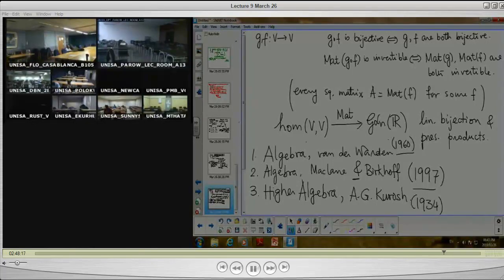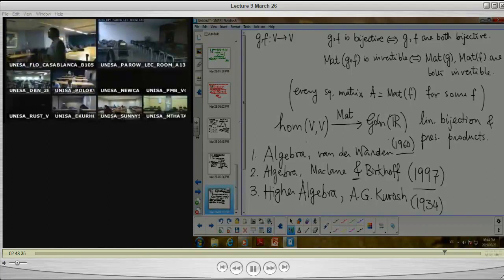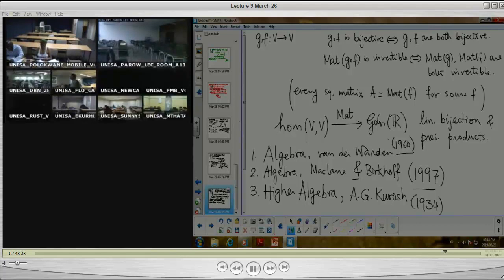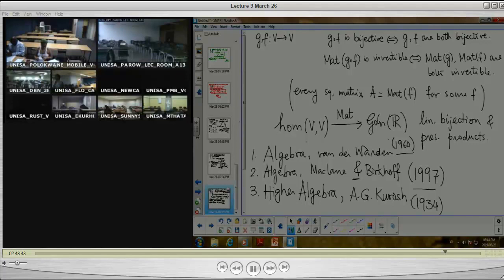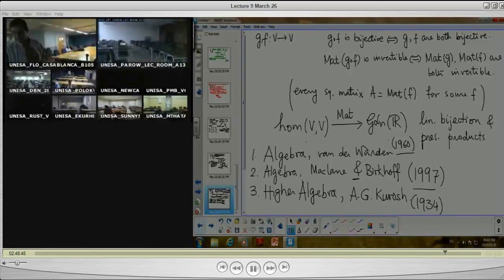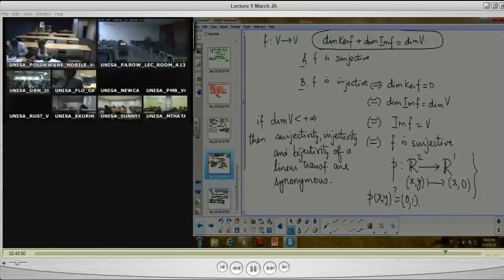Okay, so suppose you take a linear transformation. The dimension of V is n, is finite, and you first start, the first step is, the kernel of F is a subspace, so its dimension is less than or equal to n.